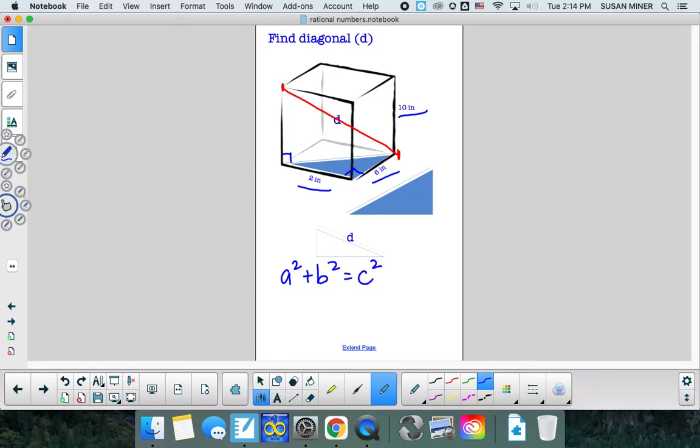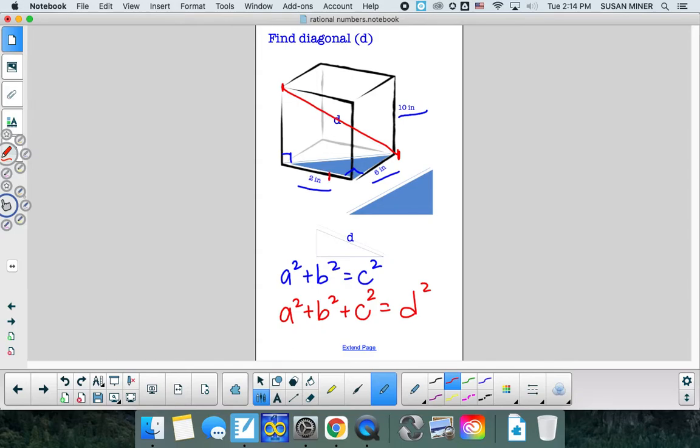Well, the same thing is true for a 3D shape. It's just that now I have three sides. A squared plus b squared plus c squared is equal to my diagonal squared. So three sides instead of just two sides.